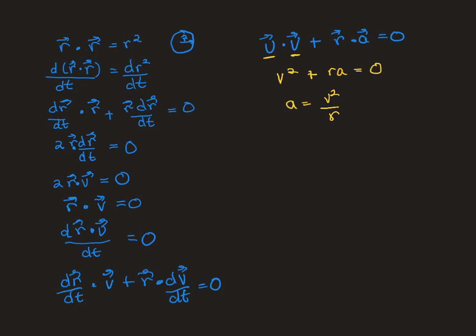Technically speaking, this derivation would give you a negative sign, but remember, I made the original r in this direction, and the positive acceleration I defined is in this direction, so that's why you get that negative sign out, because technically in the way I derived it, we're dealing with an anti-parallel situation. So this is the equation in order to solve for radial acceleration. It's going to equal the velocity squared over the radius.